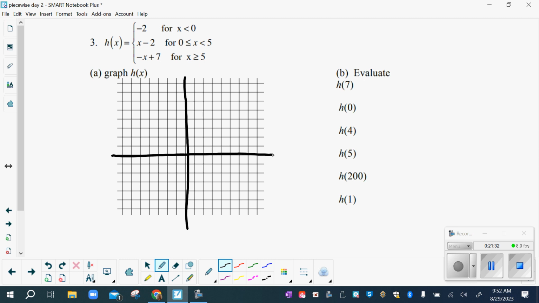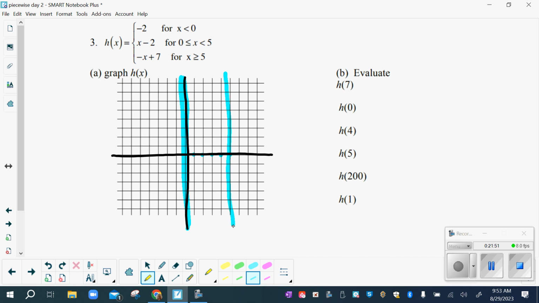Now watch what's going to happen here. I am going to have 2 barriers, right? I'm going to have a beginning one right here at 0. That's one of my barriers. I'm going to have another barrier at 5. 1, 2, 3, 4, 5.